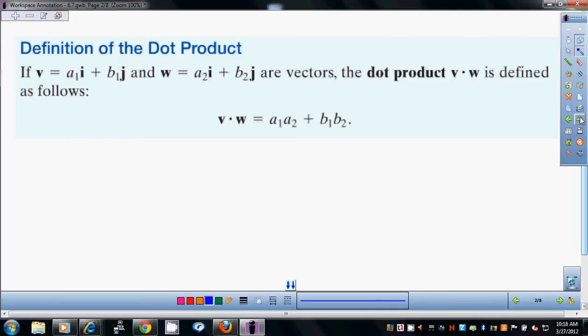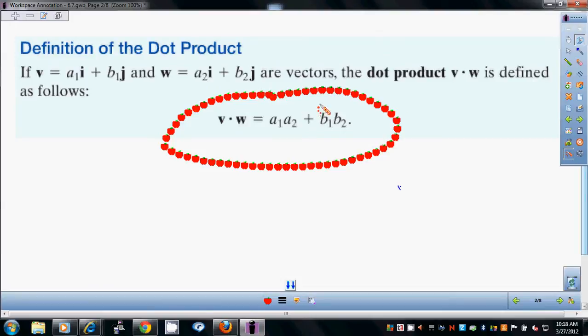Everybody got that written down? Only part you really need is the apple formula. This one right here.